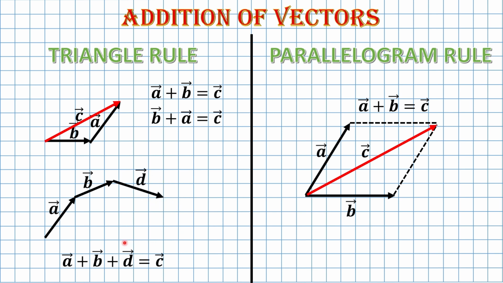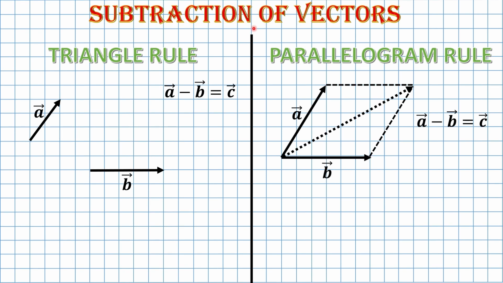And the sum vector, let's call it C, will be this. So we did the same thing as we did here. We connected the beginning of our journey to the end of our journey. So these are the main rules for adding vectors.